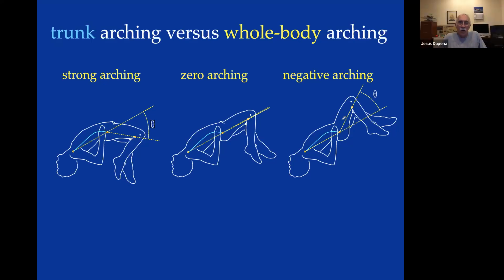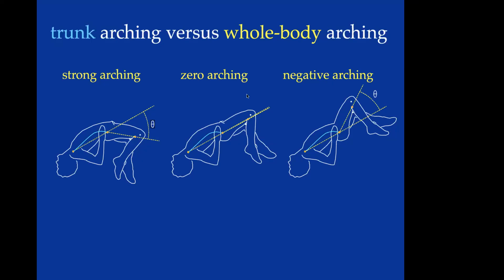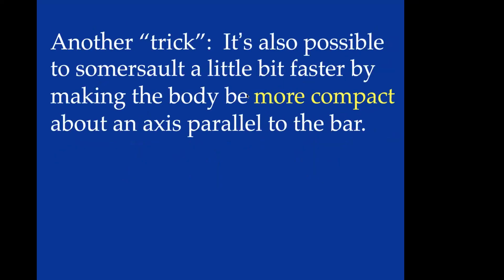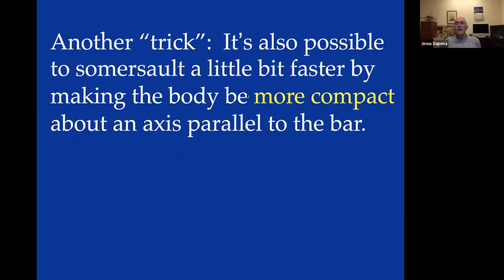Okay, this is the action and reaction we've been talking about, and that included the arching. But now there's another degree of freedom that you have in the air. It is possible to make the whole body rotate faster with the same angular momentum.